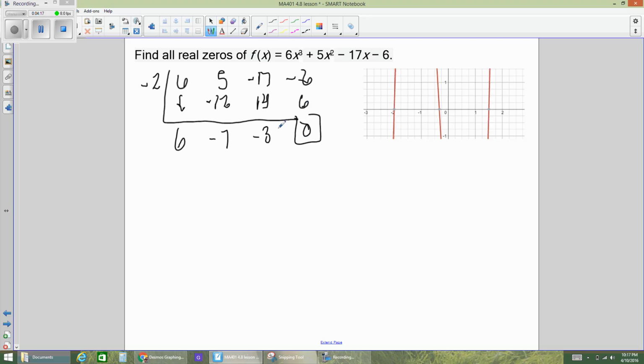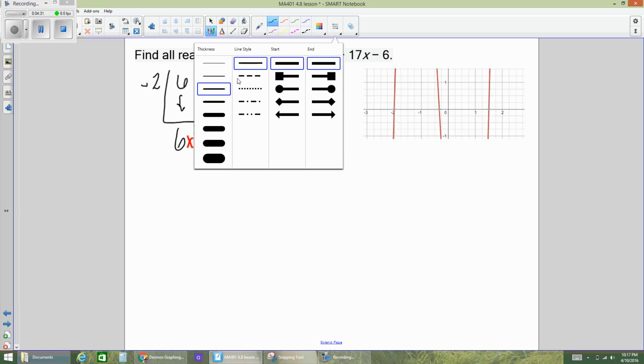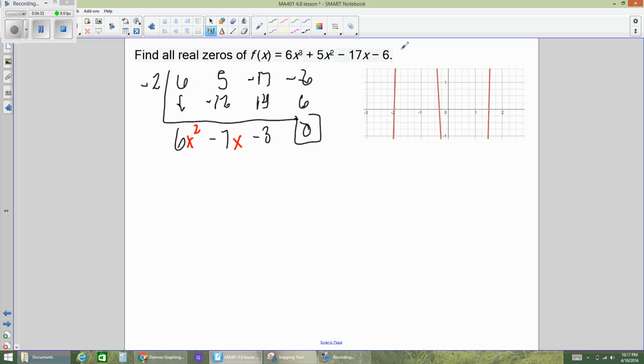Okay, now the nice thing about synthetic division is our ABCs are all set up for us. Remember, this would be 6x squared minus 7x minus 3, but that means 6 is our A value, and the -7 is a B value, and the -3 is the C.